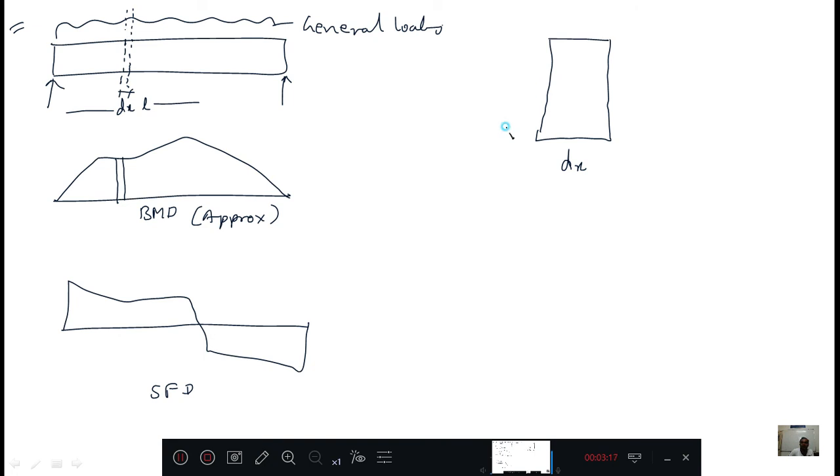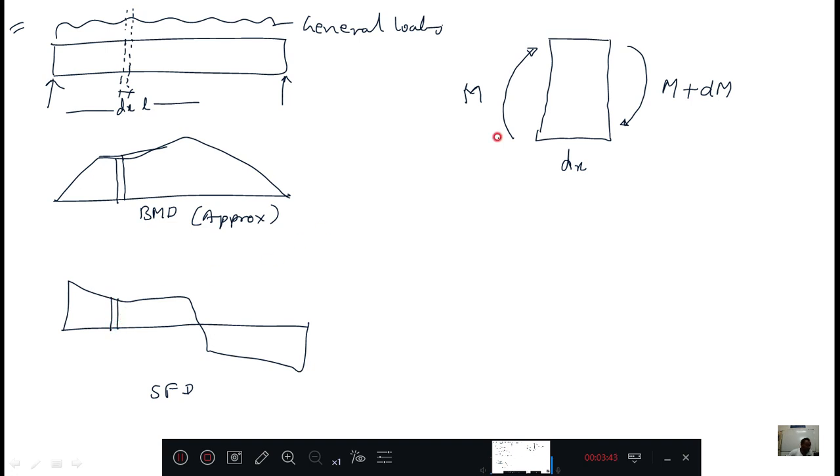Let us consider this is a bending moment M, and in the other direction the bending moment may be M plus dM, a small increment in the bending moment, because it might be like this. Then we have a shear force. See here, this is a shear force and this is another shear force.